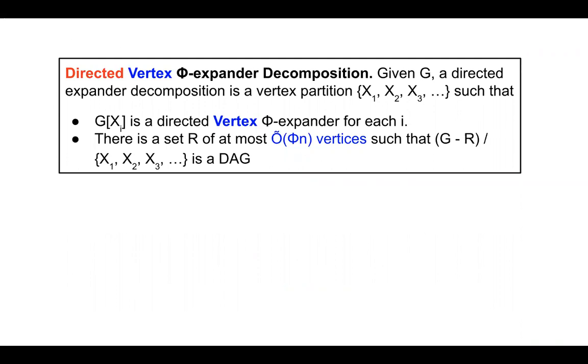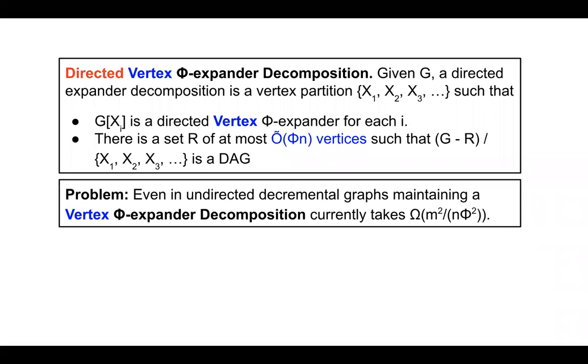And with this in place, if we would get this, then we would be in much better shape for dense graphs. But the problem is that even in undirected decremental graphs, we would not know how to maintain a vertex phi decomposition.